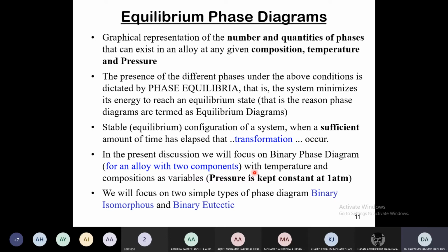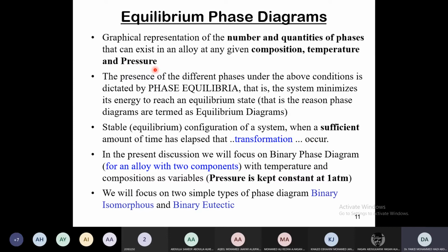And also we are going to stick to binary phase diagrams with temperature and composition as the only variables, and the pressure, which I mentioned here, is kept constant at 1 atmosphere. Of course, we cannot ignore pressure, because composition has an effect on the phase diagram, temperature has a big effect as well, and pressure should have a big effect as well.